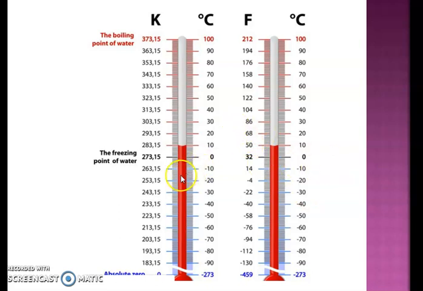So this comparison will help you to decide. Once again I will repeat it. 0 degree Celsius on the Celsius scale will be equivalent to 273 Kelvin on the Kelvin scale, and that will be equal to 32 degree Fahrenheit on the Fahrenheit scale. On the Kelvin scale we don't put any degree, but on the Celsius scale we put the degree sign.